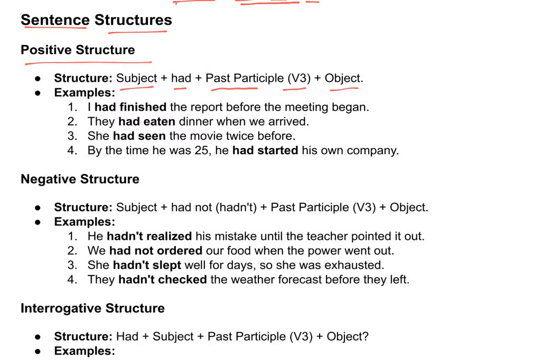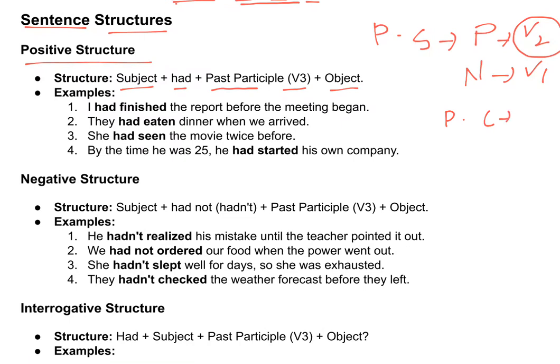The positive structure of past perfect tense is important. In past simple tense, we use the second form of the verb only in positive sentences, and in negative and interrogative we use the first form.